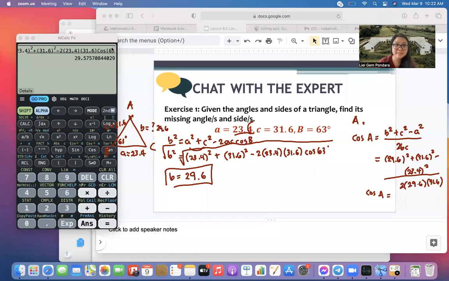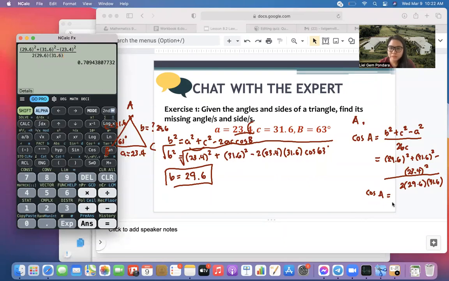Let's use our calculator. Fraction first. 29.6 squared plus 31.6 squared minus 23.4 squared over 2 times 29.6 times 31.6.